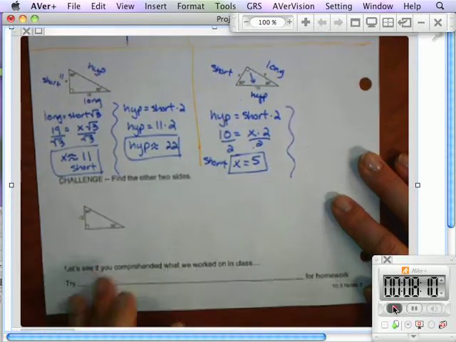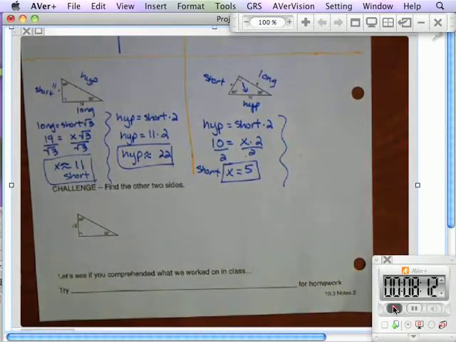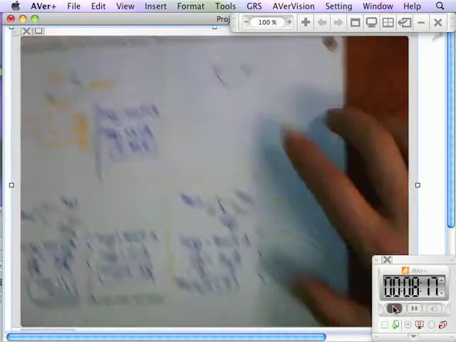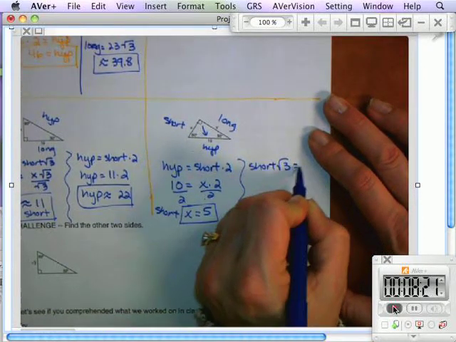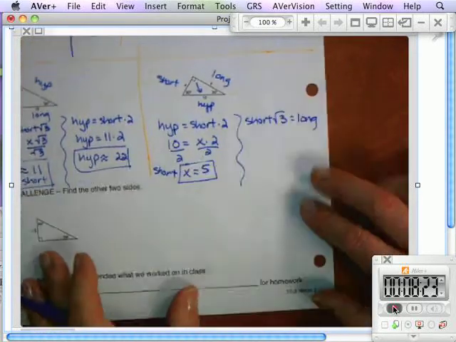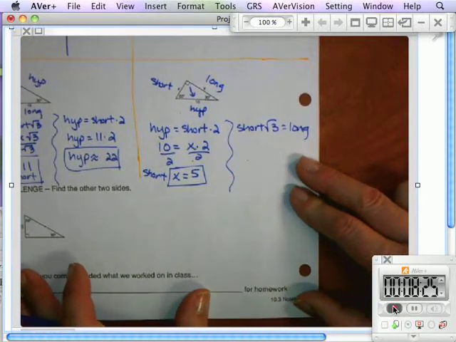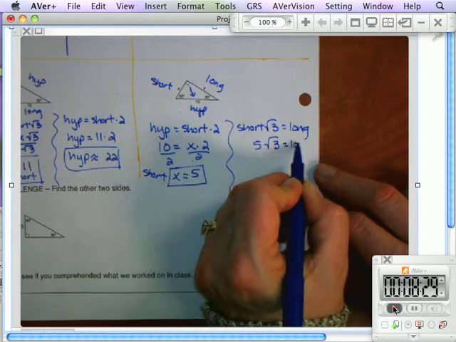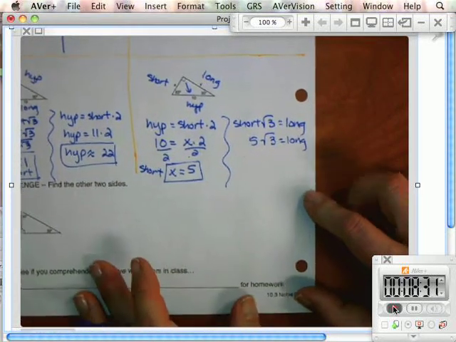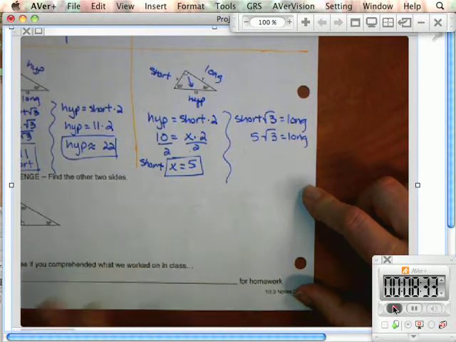Now that I have my short, can I get my long? I certainly can. It's short times the square root of 3 equals long. So plug in 5 times the square root of 3 equals my long. I don't have that.